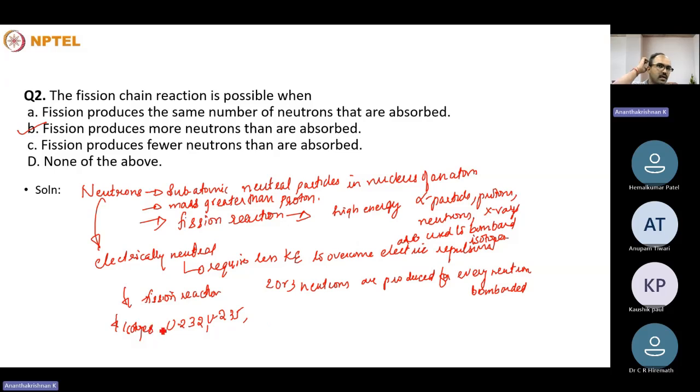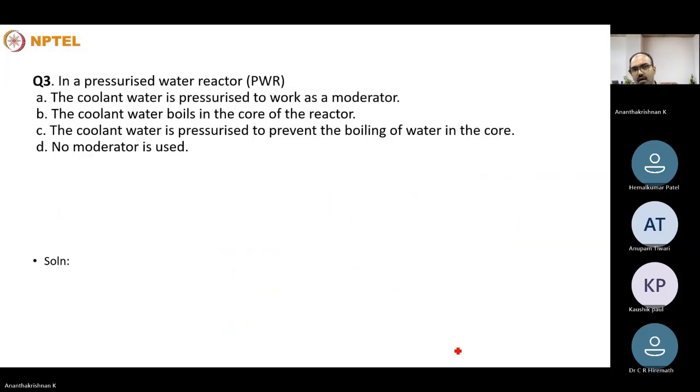So basically, the answer to this problem is that fission produces more neutrons than are absorbed. Look into the third problem and try to solve. I'll also try to solve.